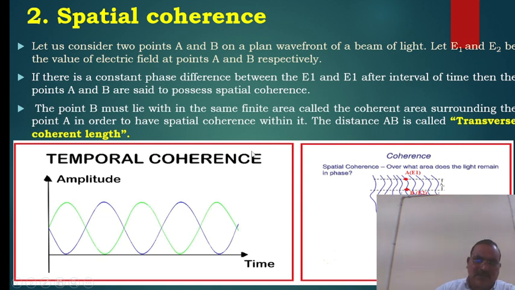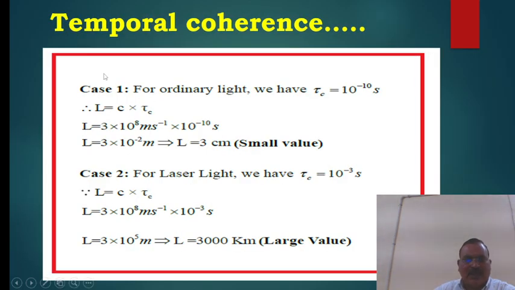In temporal coherence, we are just observing the length, but in spatial, we are observing the area, or over what area the light remains constant, the light remains in phase. So this is spatial coherence. By making use of this numerical concept, we can say that laser lights are highly coherent.